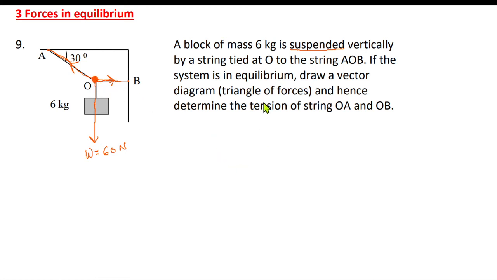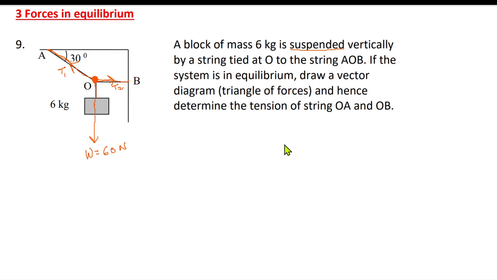Okay, so first we draw a vector diagram. Alright, so let's call this our T1 and this our T2. There is no weight there, but we have the tension of the rope. The tension of the rope here is T1 and here is T2. And here I have weight going down of 60 Newton.